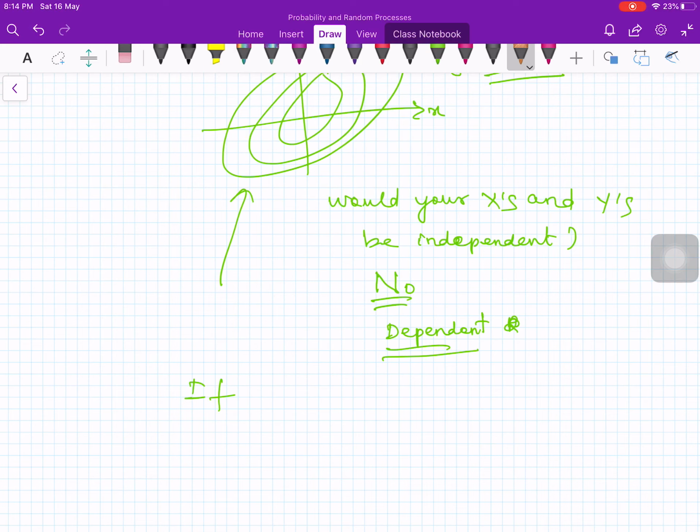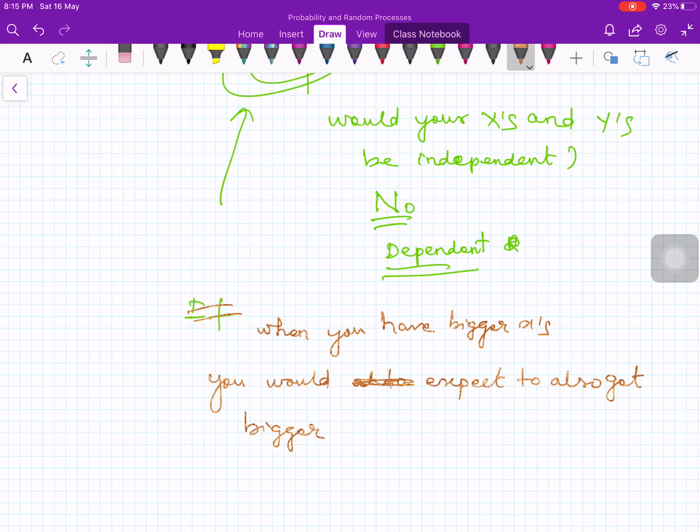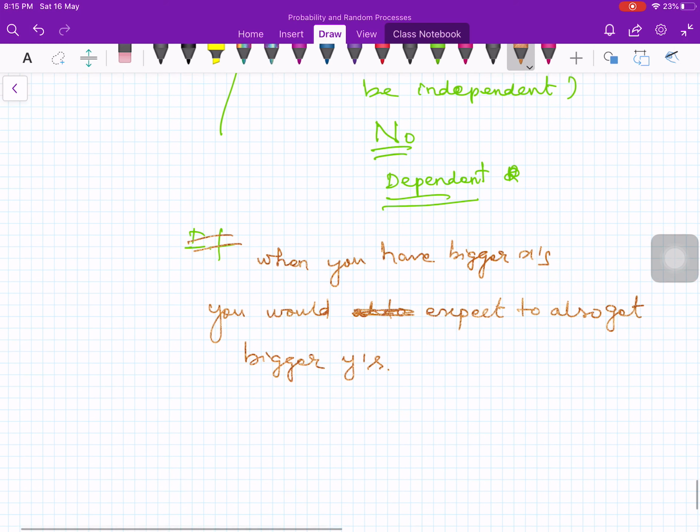Let me write down in terms of words. When you have bigger x's, you would also get bigger y's.